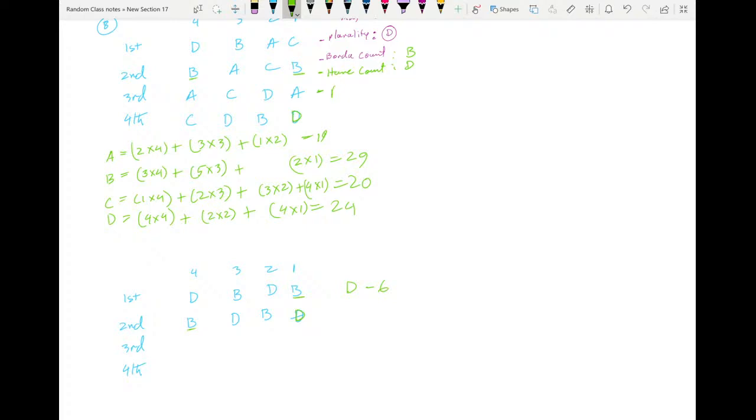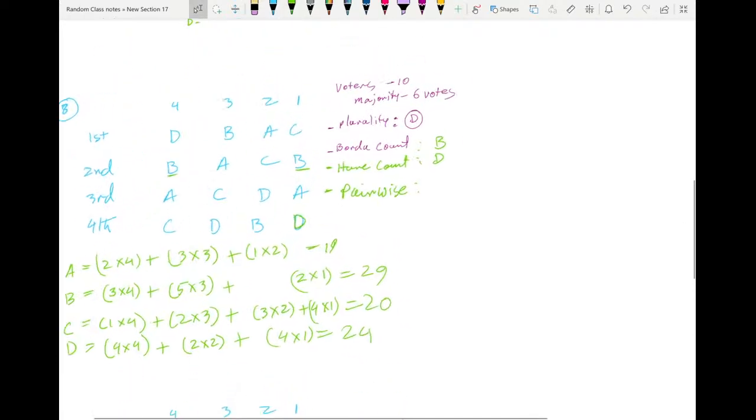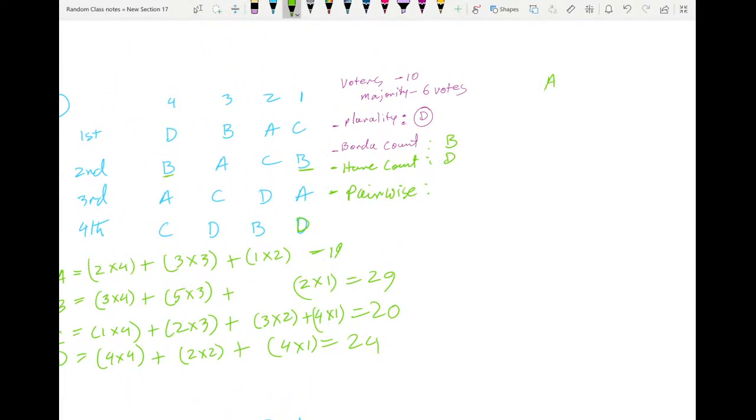All right. Now let's look at pairwise. In this case, we're going to compare A with B, A with C, A with D, B with C, B with D, and C with D. And if I color code it, it makes my life much better.